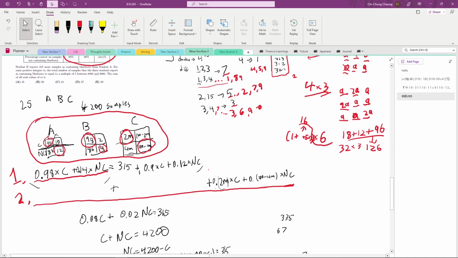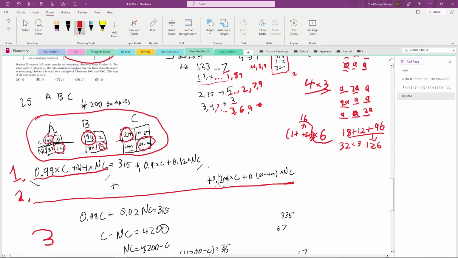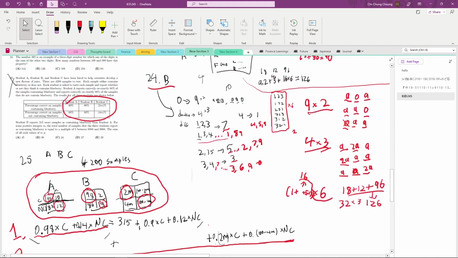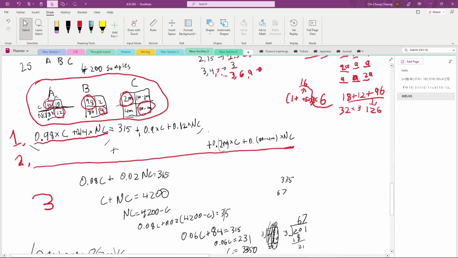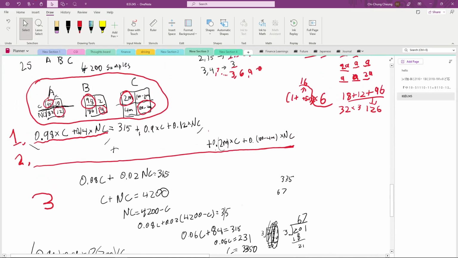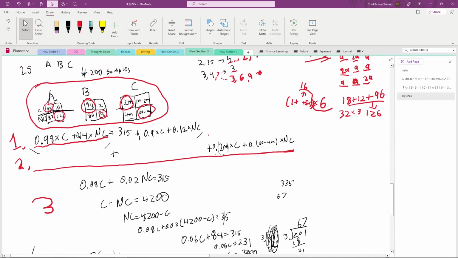What other information do we have? We also have this information where it says 4,200 samples. There are a total of 4,200 samples, which means C plus NC, the amount of samples that contain blueberry plus the amount of samples that don't contain, is 4,200. Okay, so we have 1 and 3, and we're trying to find 2, right?